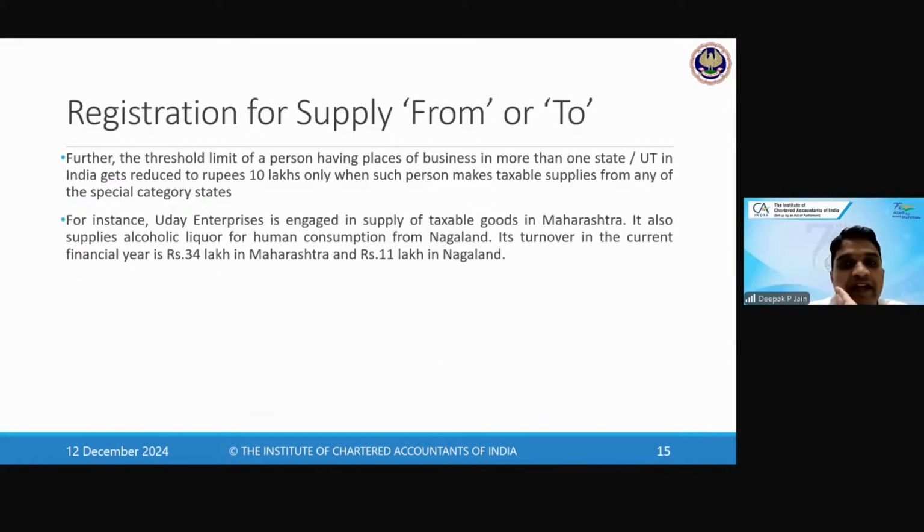Apply from any of the special category states, like what we had discussed, the example of Kerala and Mizoram.